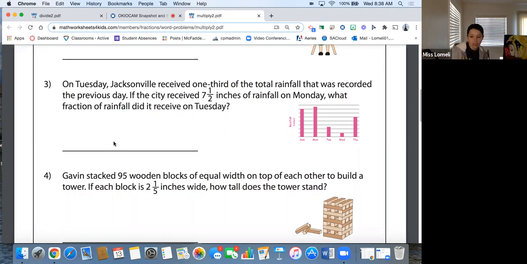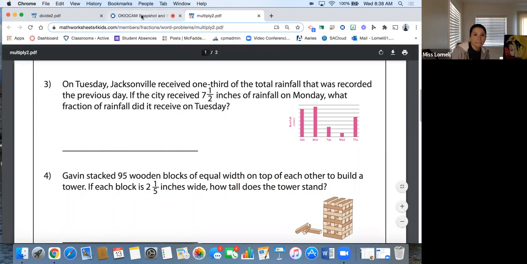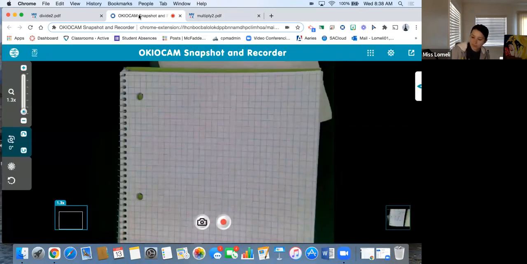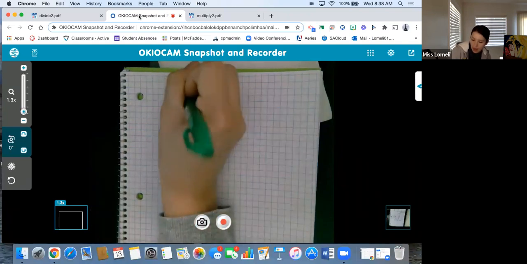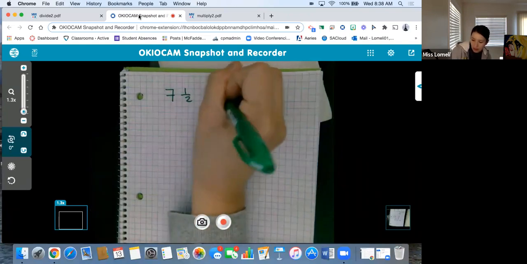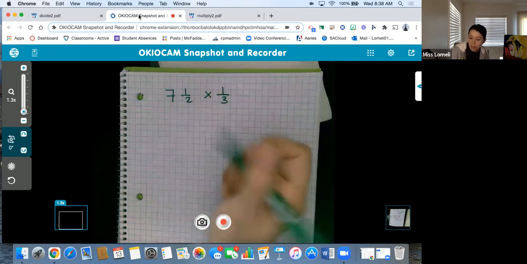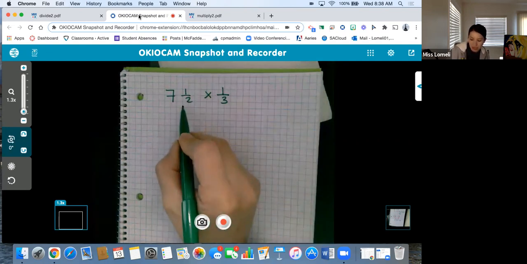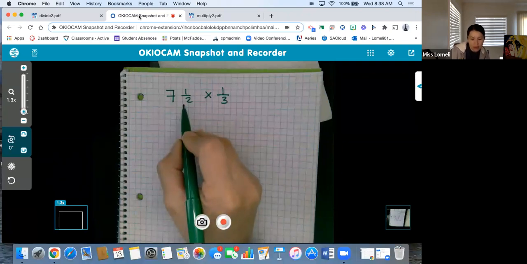And of means multiplication. Okay, so our problem would be 7.5 times 1/3. So 7.5 is what we received on Monday. A third of that is what was on Tuesday.